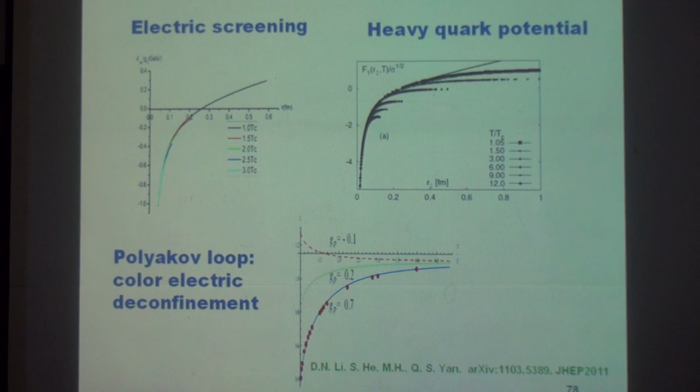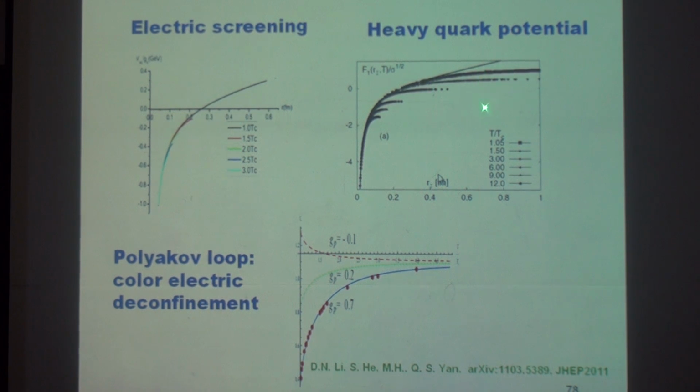And we can also calculate this screening, though we don't know how to really extract the Debye screening mass. But we can calculate the heavy quark potential as a function of temperature, and then we can see that this linear potential eventually disappears, and then we can get some kind of screening.